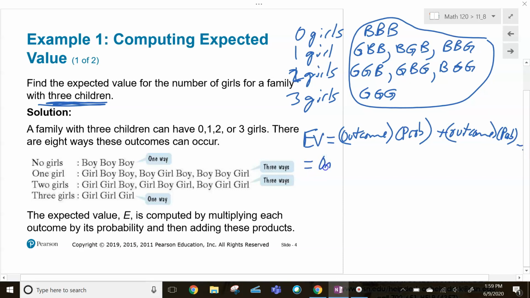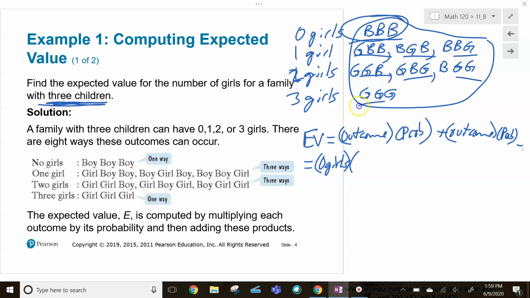The probability of having 0 girls is 1 in 8. I could have 1 girl; there are 3 out of the 8 ways to have 3 kids.